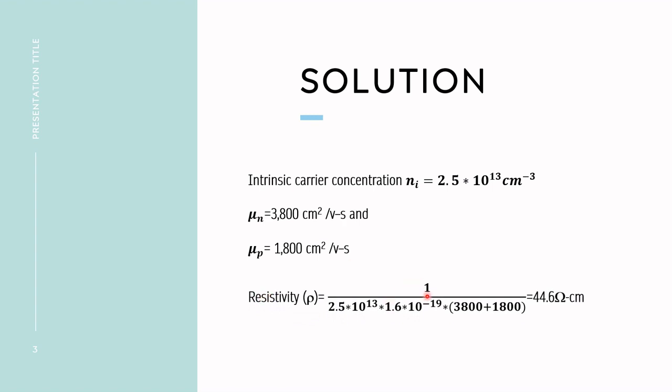Resistivity is equal to 1 divided by electrical conductivity. That means 2.5 into 10 to the power 13, that is the intrinsic carrier concentration, into 1.6 into 10 to the power minus 19 into mu n plus mu p. What we get is 44.6 ohm centimeter. Okay, so the right option is 44.6 ohm centimeter. So this is the solution of this problem.